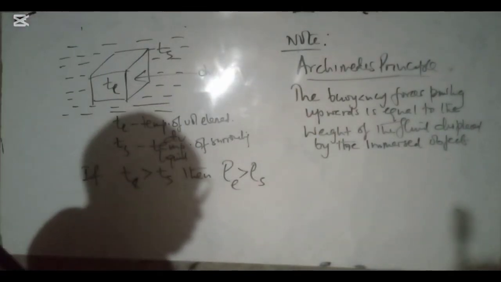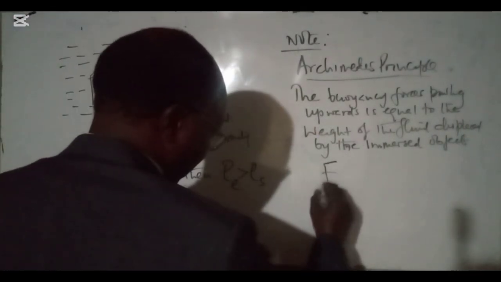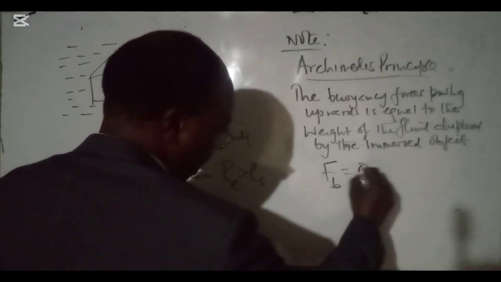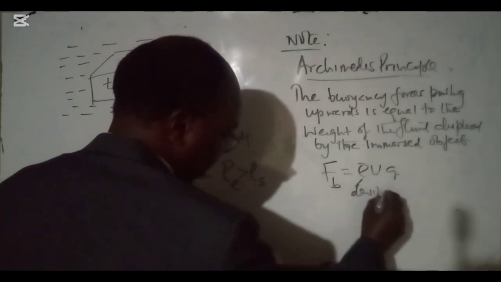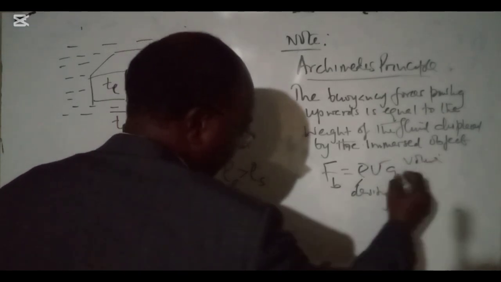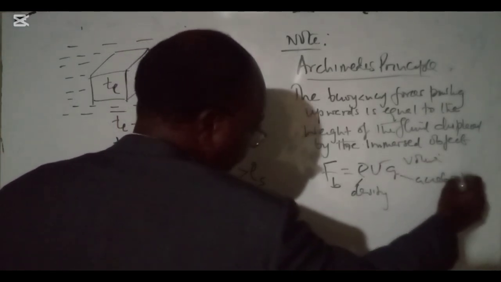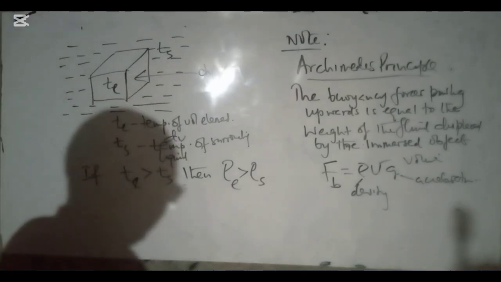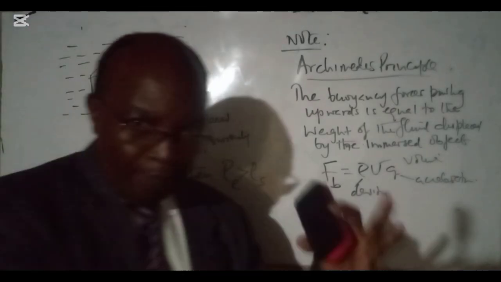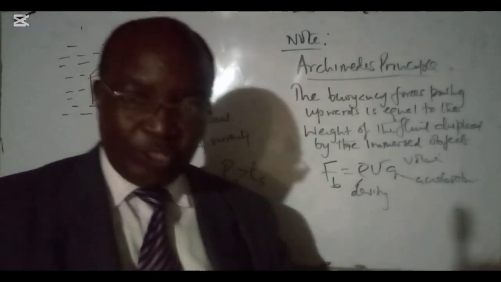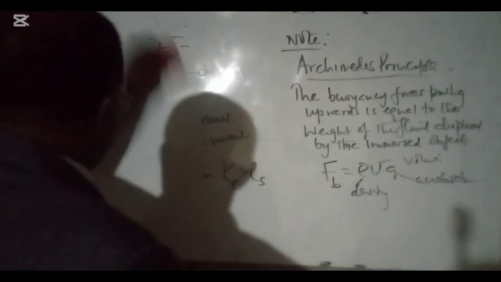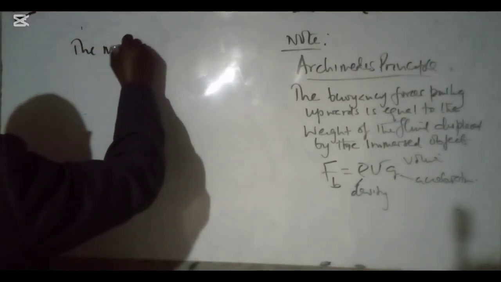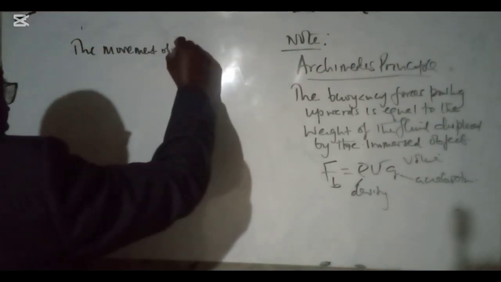And so the buoyancy force can be represented as that, where that is density, volume, and this acceleration, which you're familiar with. The movement of this volume element in the fluid is the result of buoyancy forces, which we can represent as follows.